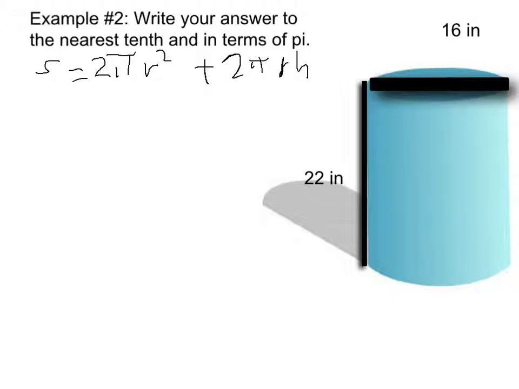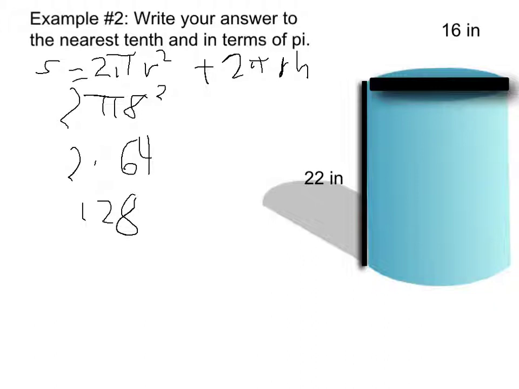So now you put in 8 for the radius and then square it times pi times 2. 8 squared is 64, and then times 2 is 128. And now just bring the pi down.